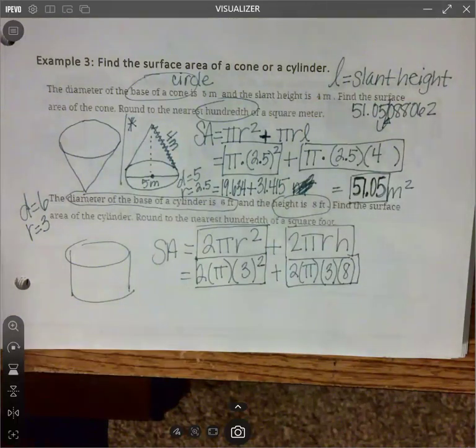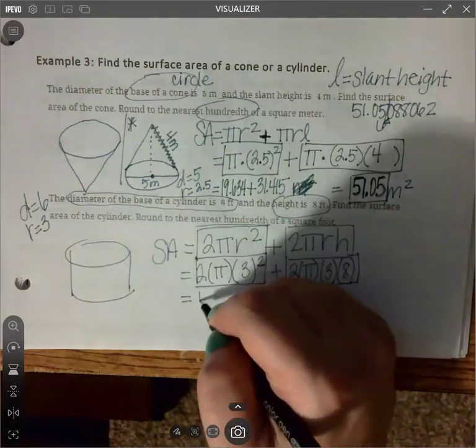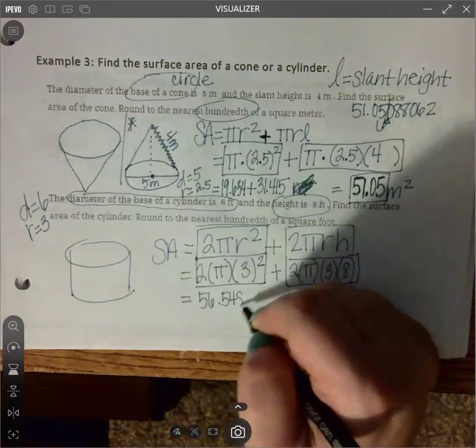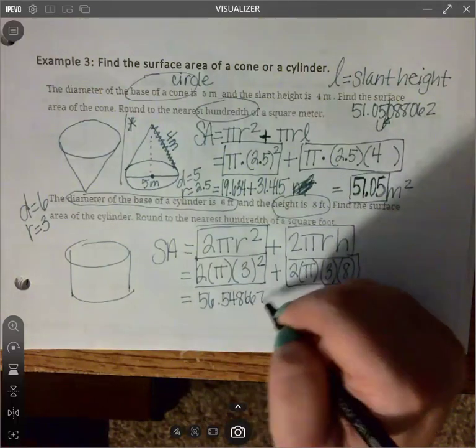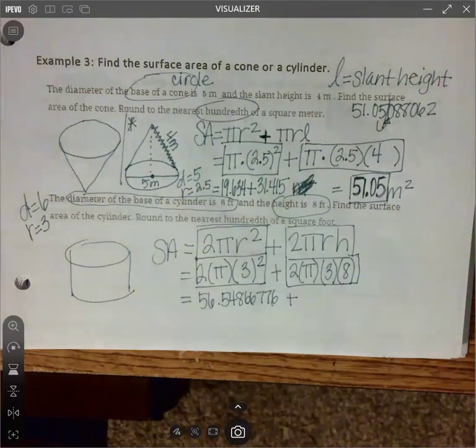All right, grab your calculator. 2 times the pi button times 3 squared, or 3 times 3, which is 9. So this left side is 56.54866776. I have a little more room here, so I'm going to go ahead and just write it down.